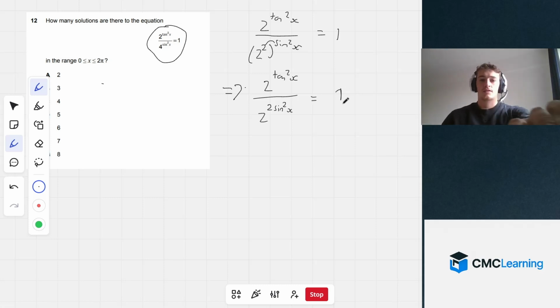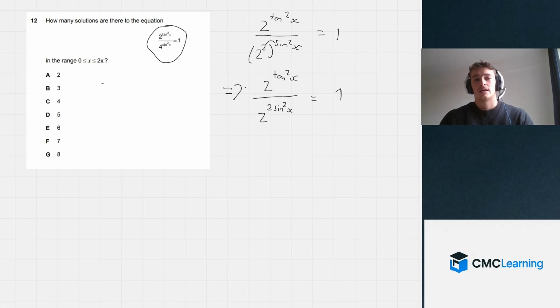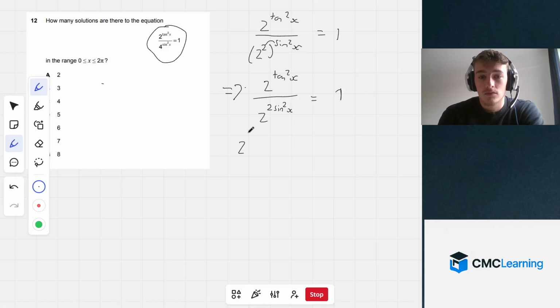So we have two things divided by each other and it equals 1. And so we can say that 2 to the tan squared x must equal 2 to the 2 sine squared x.